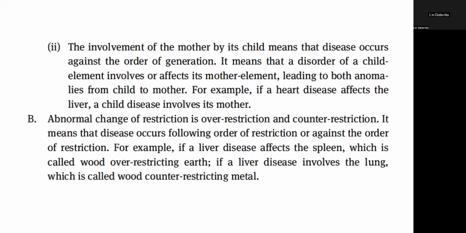Next, the involvement of the mother by its child means that disease occurs against the order of generation. It means that a disorder of a child element involves or affects its mother element, leading to anomalies from child to mother. For example, if a heart disease affects the liver, a child disease involves its mother.